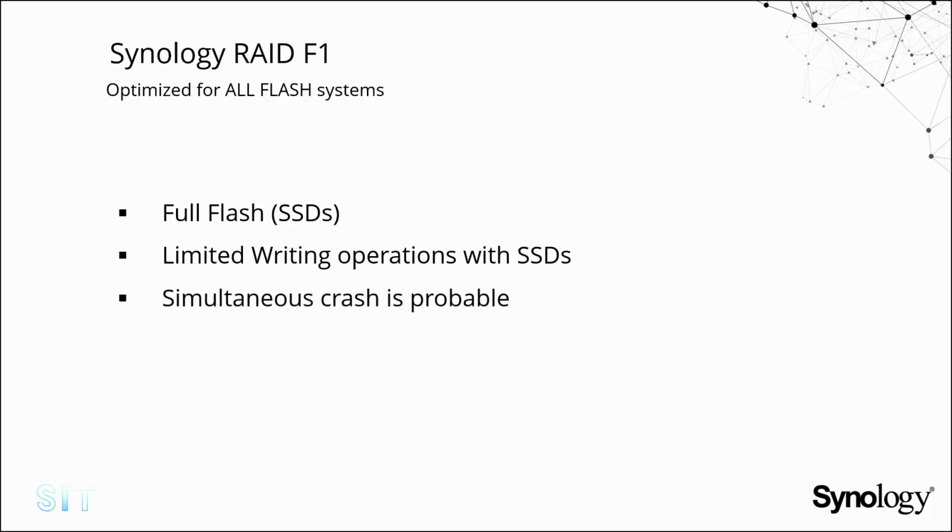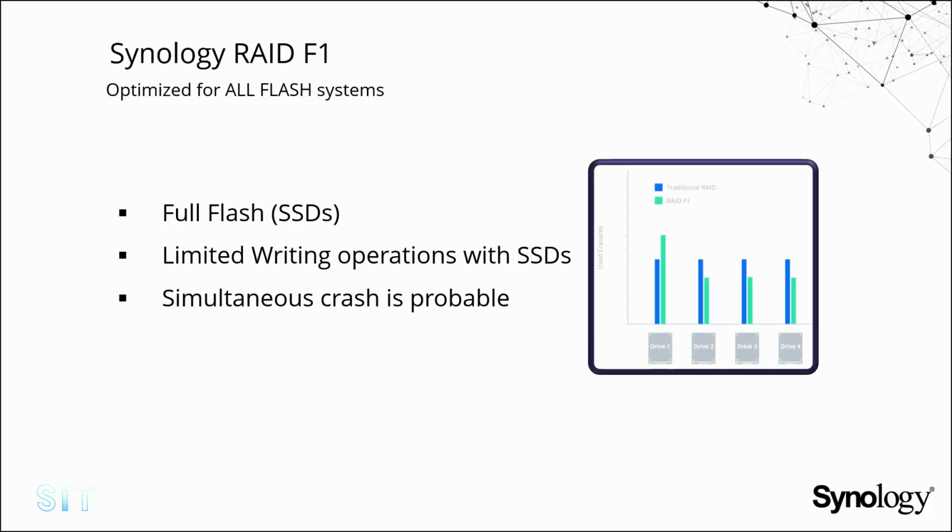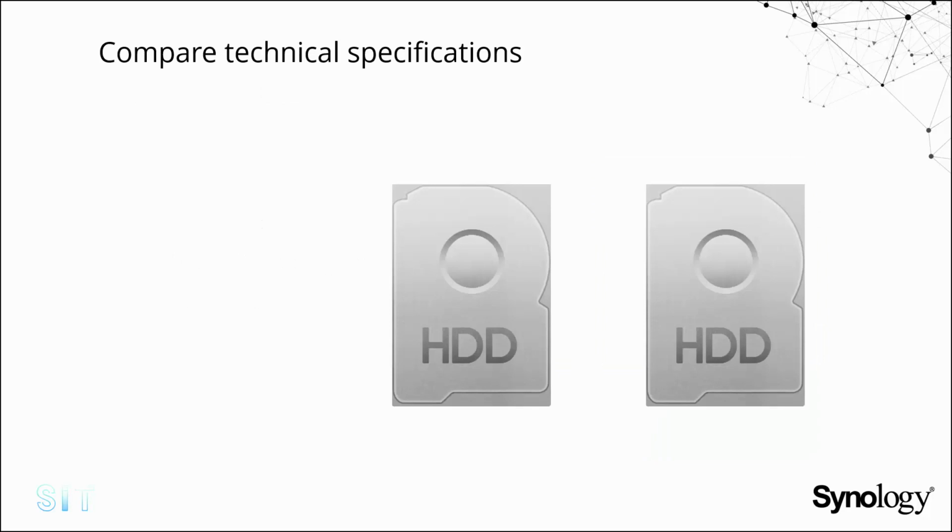Simultaneous load would therefore lead to a prompt failure of all SSDs. Synology's RAID F1 solves this problem with an algorithm that distributes the workload unevenly across the drives. This effectively prevents the probability of a total failure.